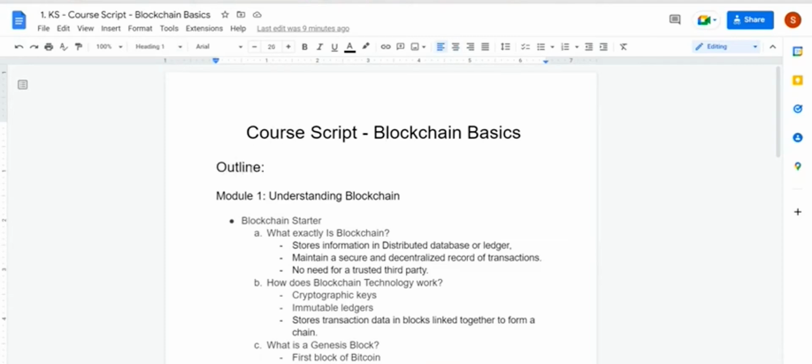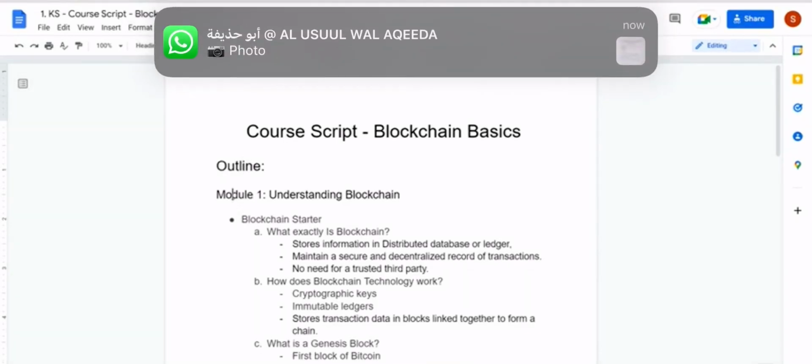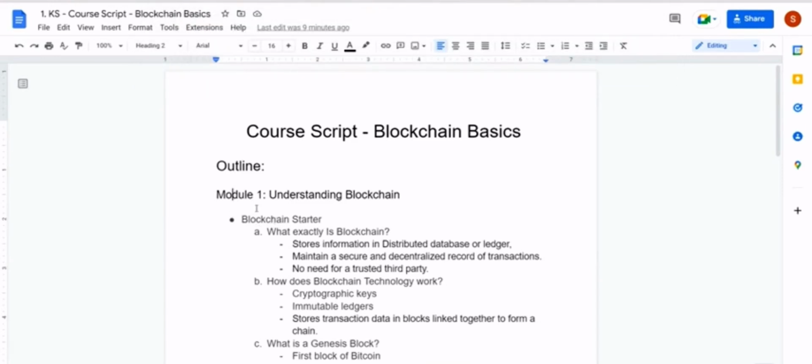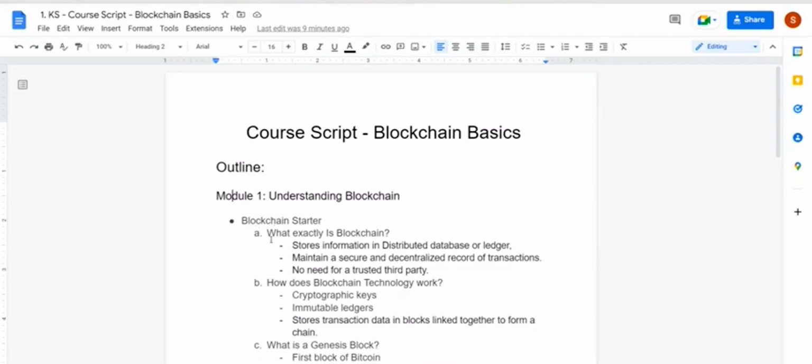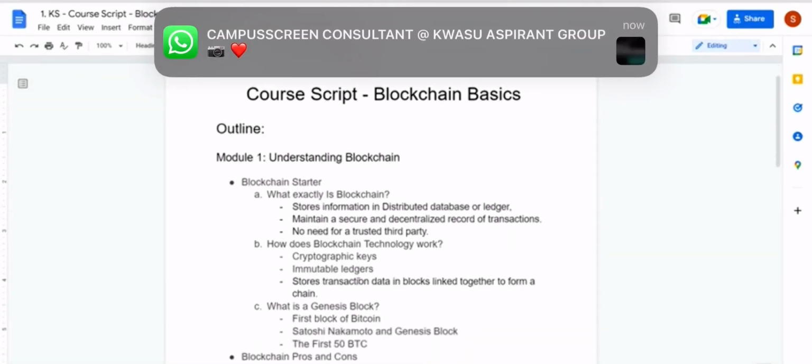When you come to the outline, it is heading. When you come to module 1, it is heading 2. When you come to points on that specific module, it should be heading 3.